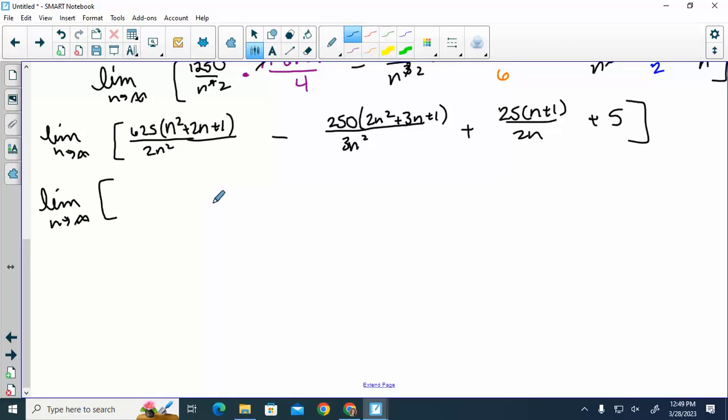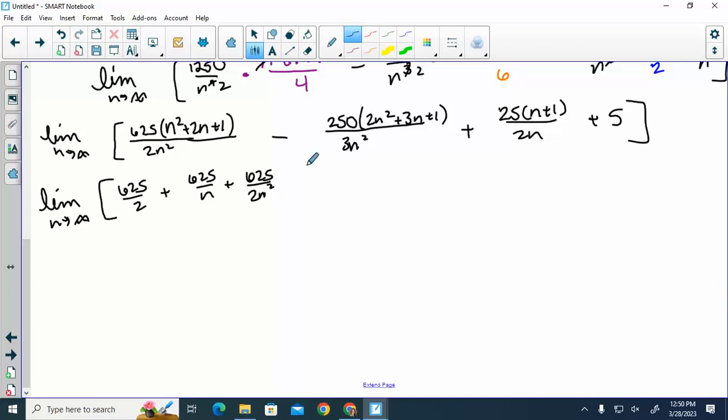Is everybody still with me? So now I'm just going to break all these parts. So 625n squared over 2n squared would be 625 over 2. Plus 625 times 2n over 2n squared would be 625 over n. 625 over 2n squared.